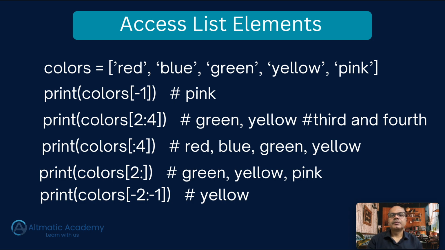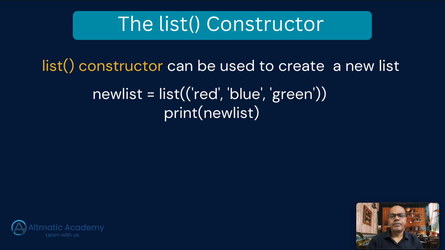Now the next point, list constructor. Sometimes we don't have a list, and we have something like a tuple-like structure in small brackets with some values, and we want to convert it into a list. We'll use the list constructor. So how can you do this?